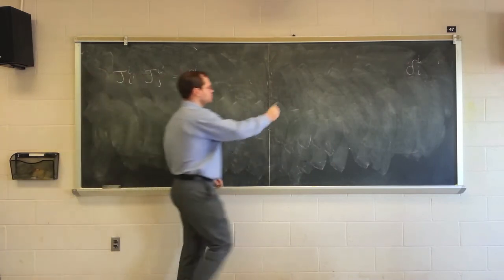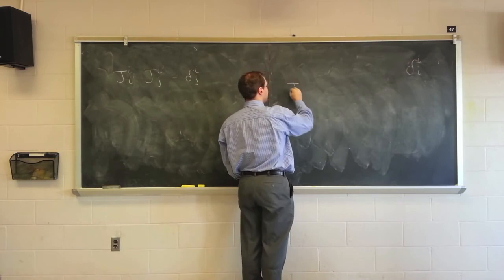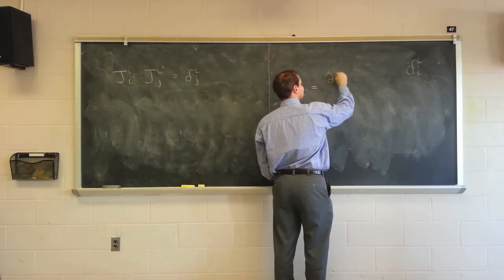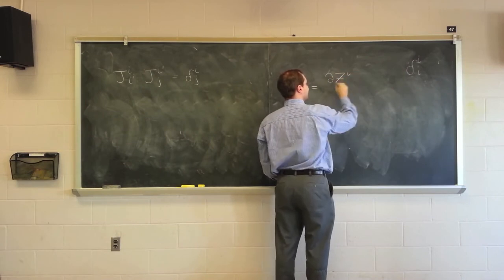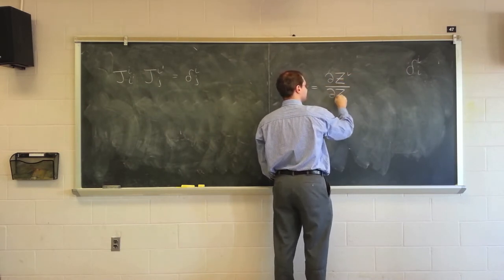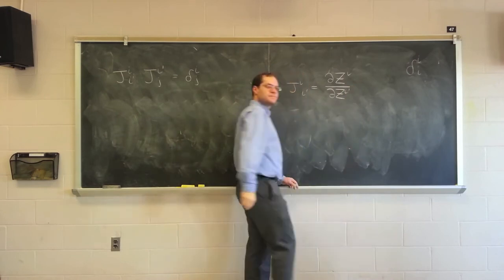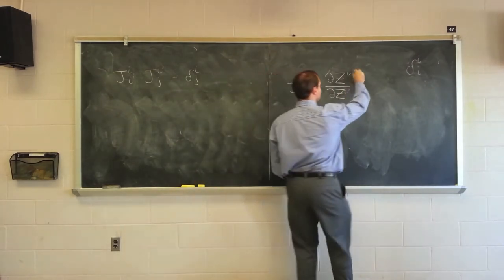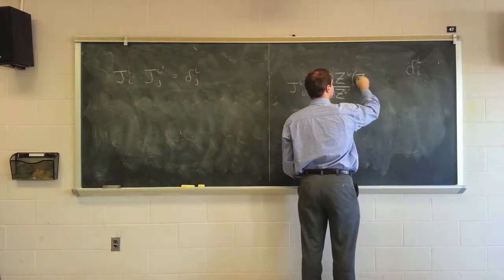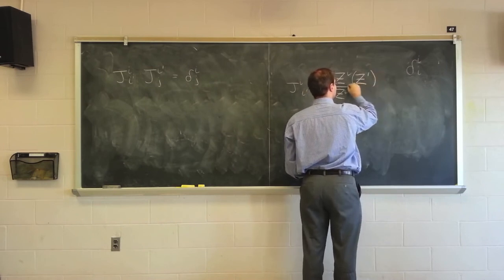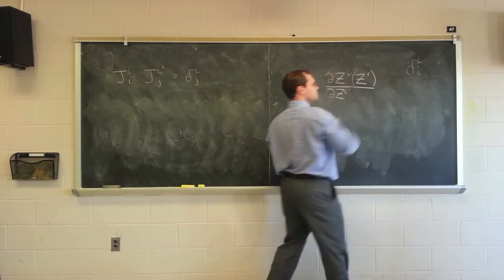Let's introduce these objects. J_i' was by definition dz^i over dz^i'. And to be a little bit more careful, I will put the functional dependence here. It's the function of how old variables depend on the new variables.